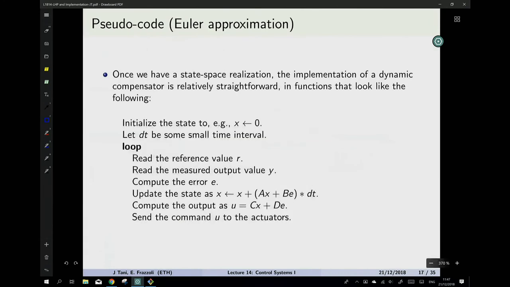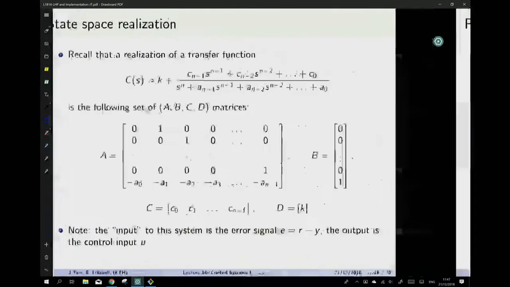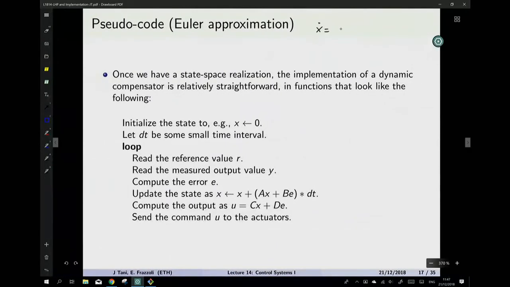Suppose somebody gives us a state space representation. So you designed your controller, you got to a transfer function, you can literally implement this right away, and you've got A, B, C, and D. Now you've got x dot equals Ax plus Bu, and y equals Cx plus Du.